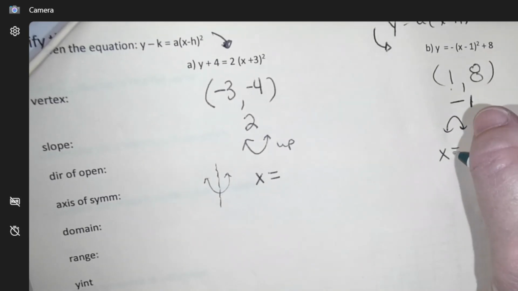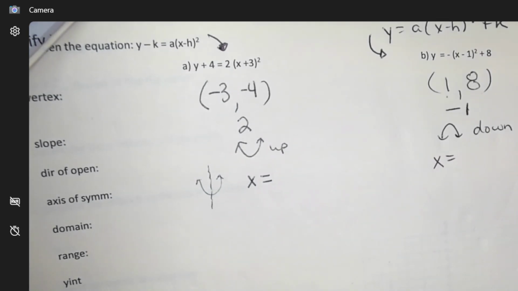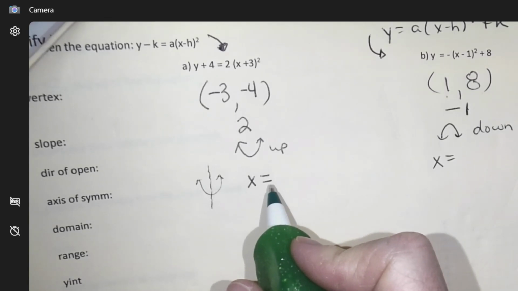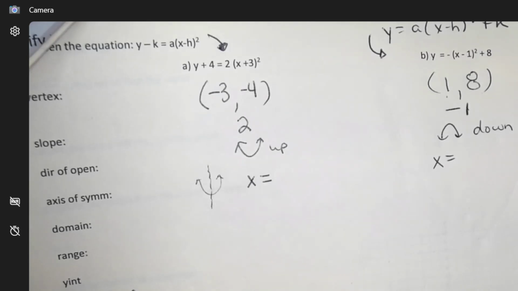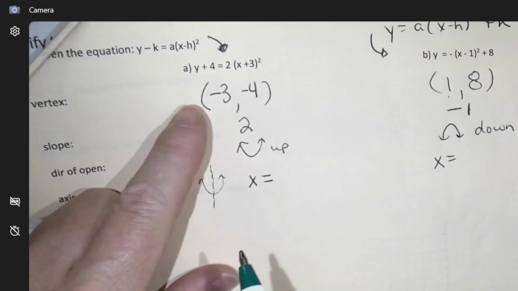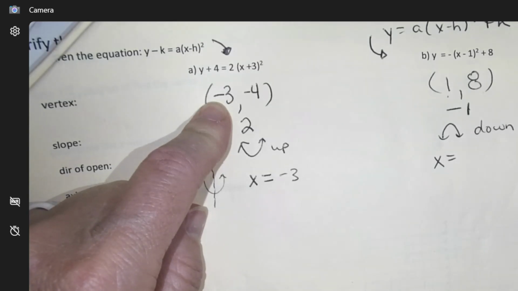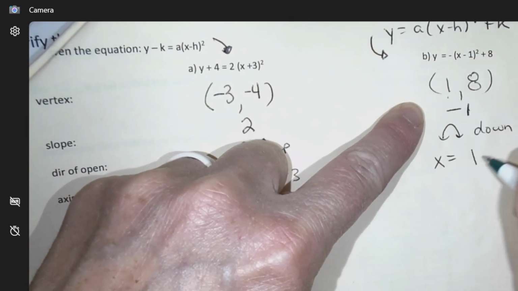You have to make a vertical line with an x equal. What kind of x value are you going to have to go through? So you should look back to the vertex because you're always going to go through the vertex in the middle. So -3. And then on this one, it is a 1.